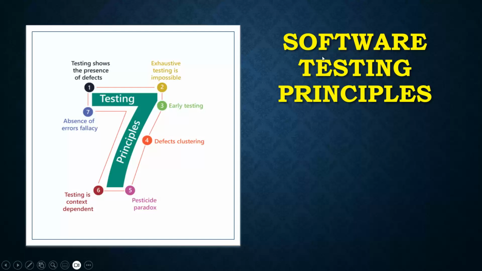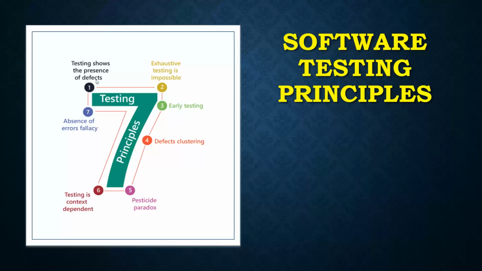So of these seven principles, number one is testing shows the presence of defects. What does this mean? This means that once you test a software, it is not possible to deliver 100% accurate software to the end user.